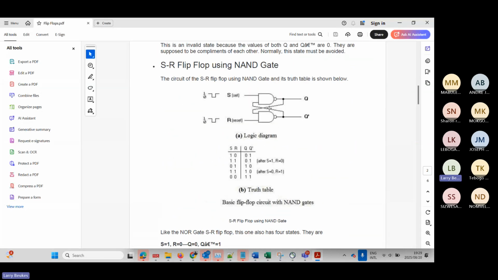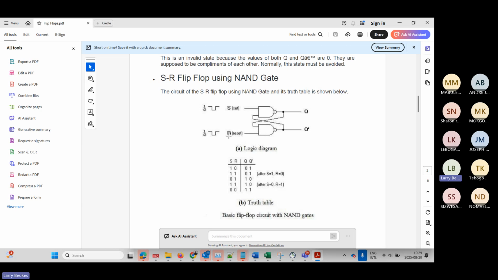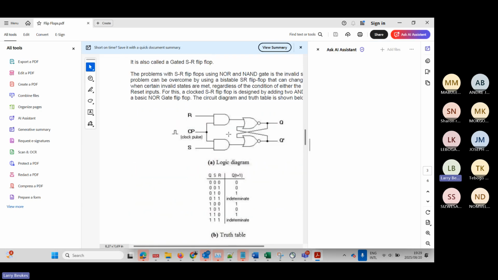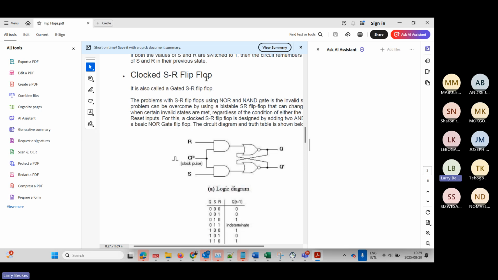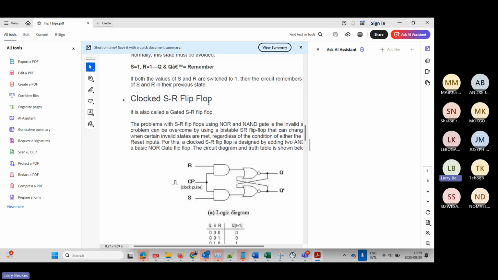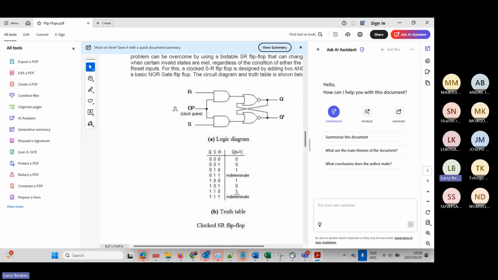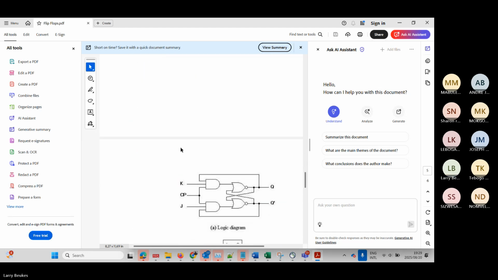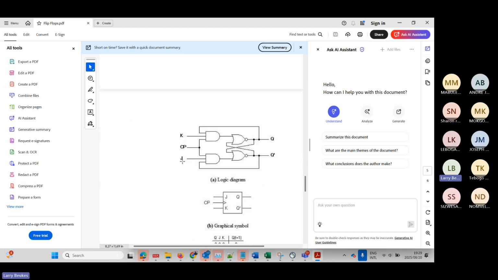Here's the one using NAND gates. You see, I said the S and the R will be here. Just drawing it quickly for you. Here's a clocked SR. A clocked SR is a flip-flop. Then you need a JK as well. Here's a JK flip-flop. The only difference is that they have a clock signal. And then you see the building block.